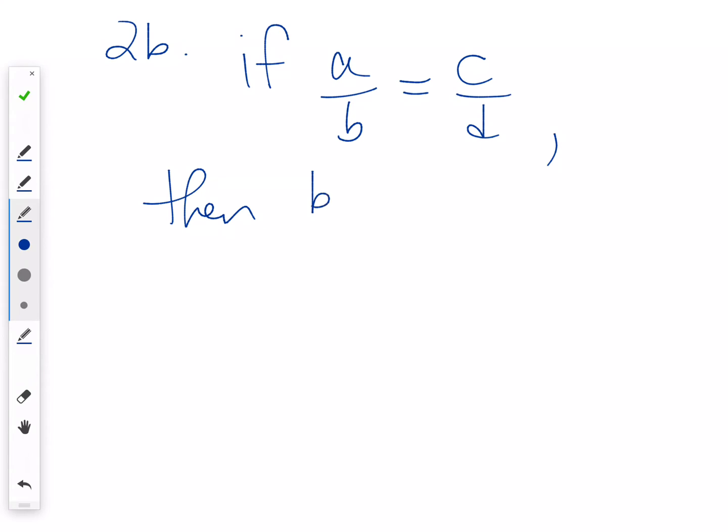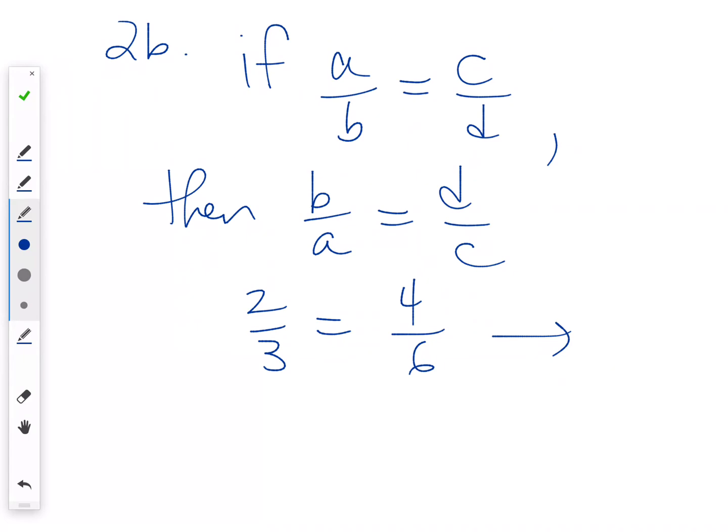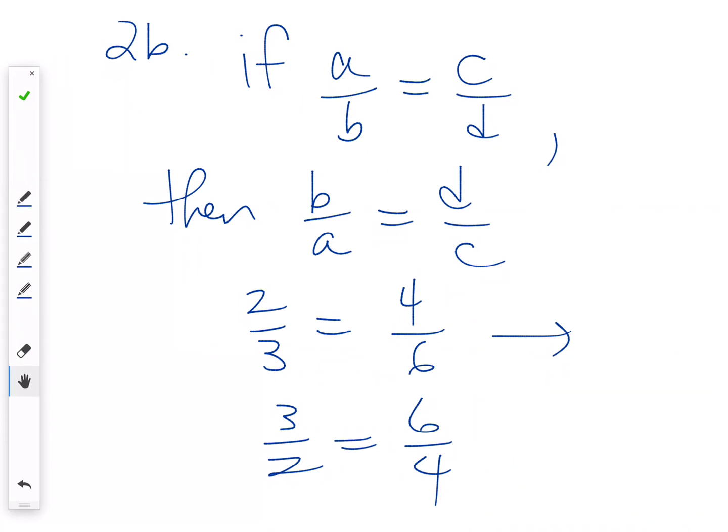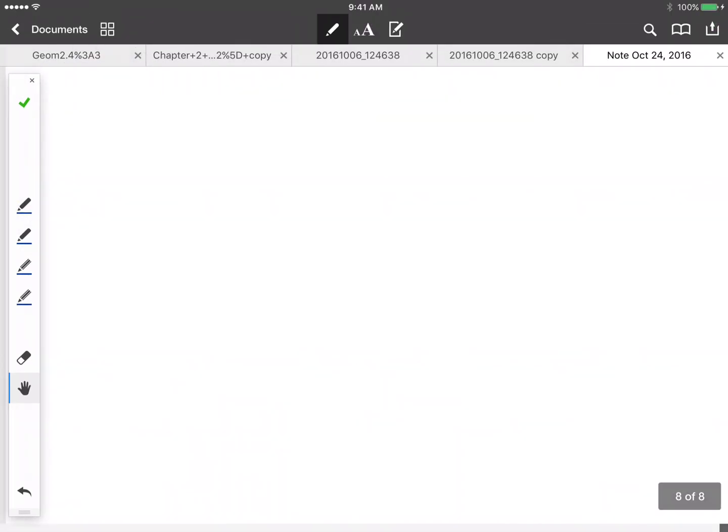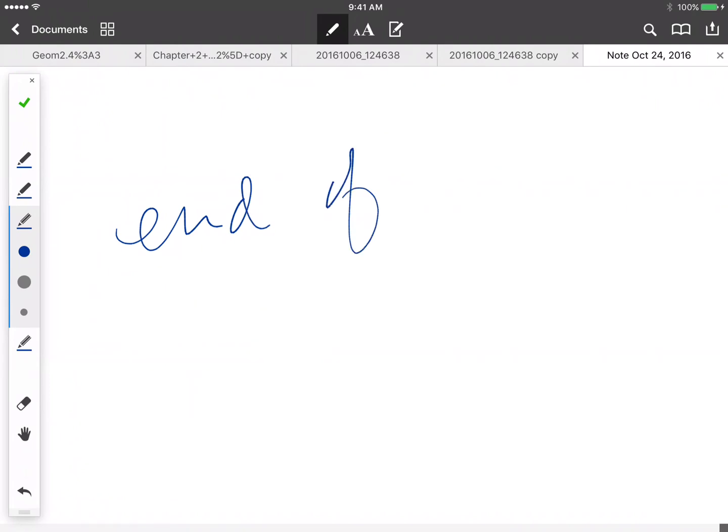Then B over A relates to D over C. So 2/3 relates to 4/6 gives rise to 3/2 is the same thing as 6/4, right?